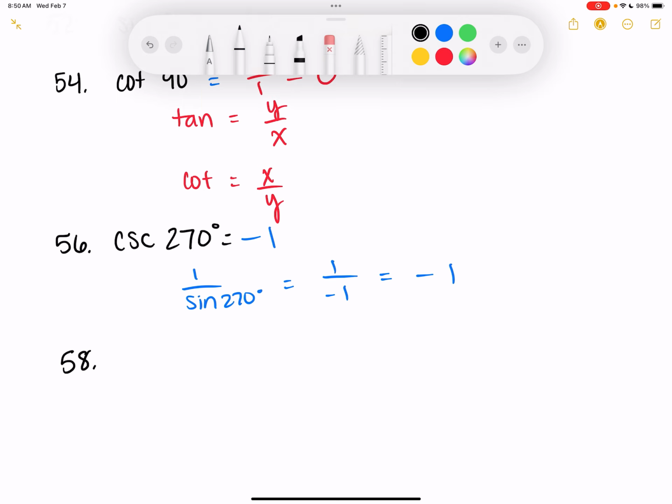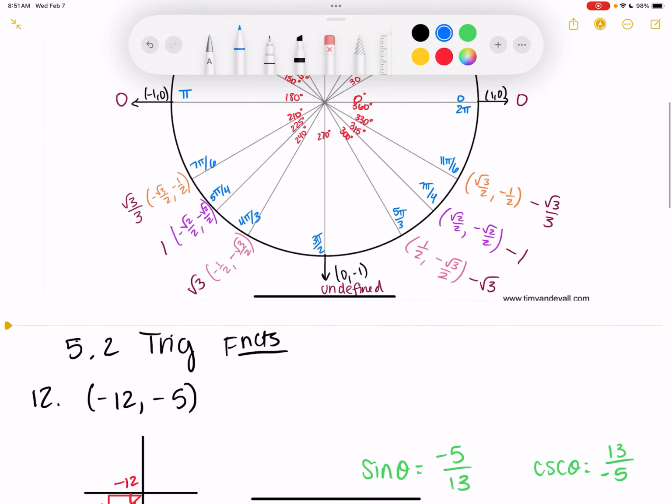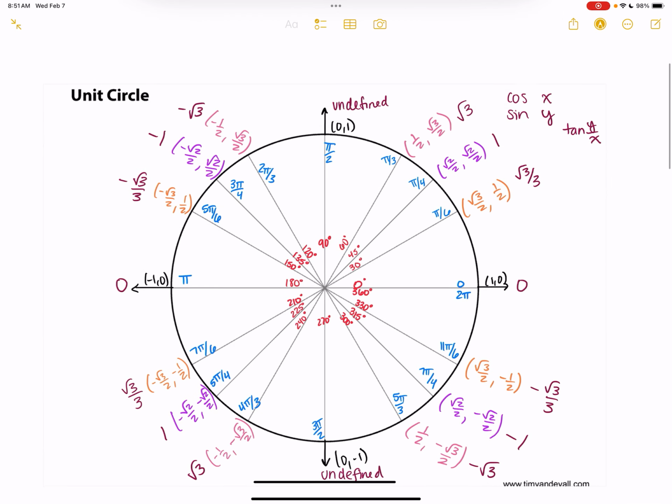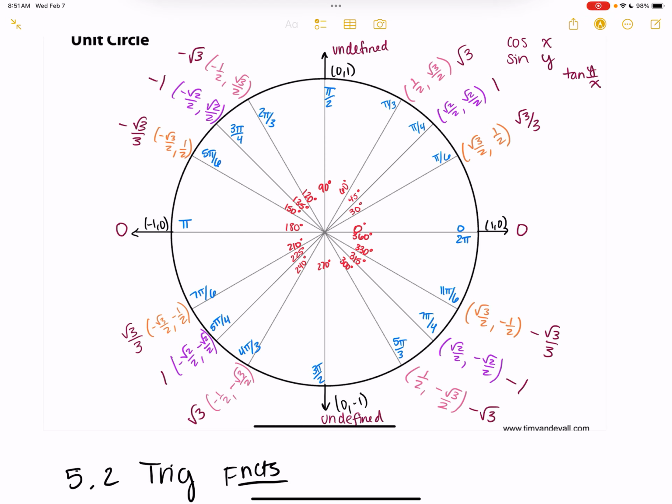58. Cosine of negative 90 degrees. So normally positive 90, we go up, counterclockwise, from here to here.